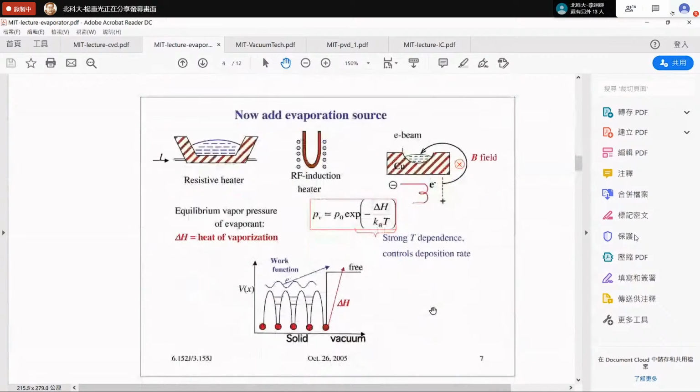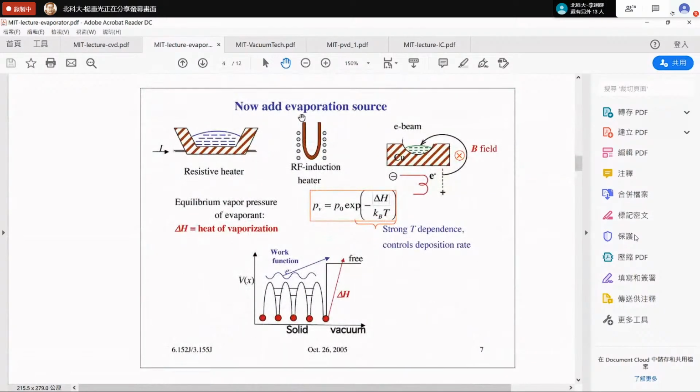So this is an evaporation source. This is the most widely used resistive heater, and this is your materials, which is ready to be evaporated.